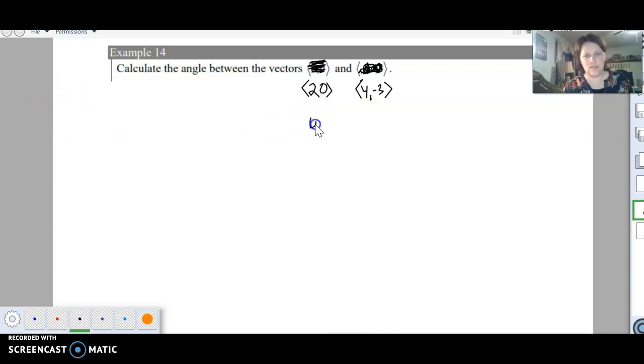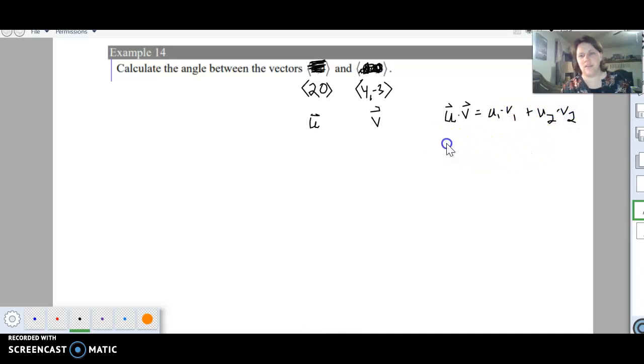So let's first of all look at the two equations that they give us. Let's go ahead and name these. So let's say this is vector u, and this is vector v. And the two formulas that they gave us were the dot product of u and v is equal to, and then this is going to be the component form, so u sub 1 times v sub 1 plus u sub 2 times v sub 2.